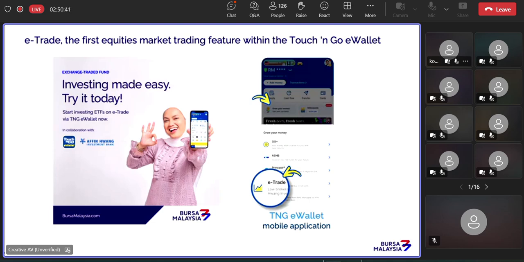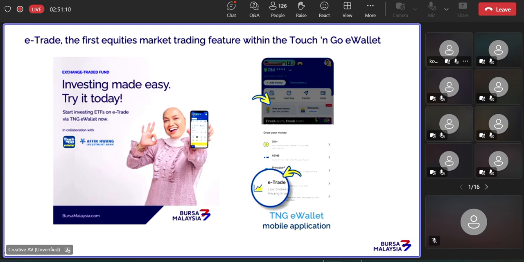I just wanted to highlight, for example, Touch 'n Go. E-Trade is a good place. It's a collaboration between Bursa, Affin Hwang, and also Touch 'n Go. It was launched last year, on 1st October. It's a good opportunity for those who have not yet invested but want to open an account through E-Trade.